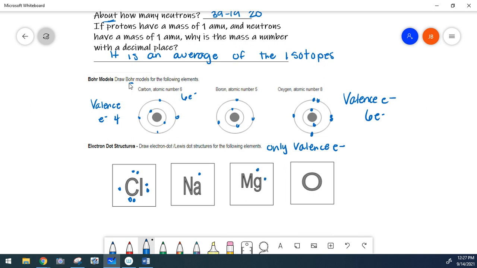Okay, you do. Remember, you got to go all the way around. You can start either at the top or at the right. It doesn't matter. Okay? How many does oxygen have? 6. So 1, 2, 3, 4, 5, 6. Okay? Any questions on valence electrons, electron dot, or Bohr?